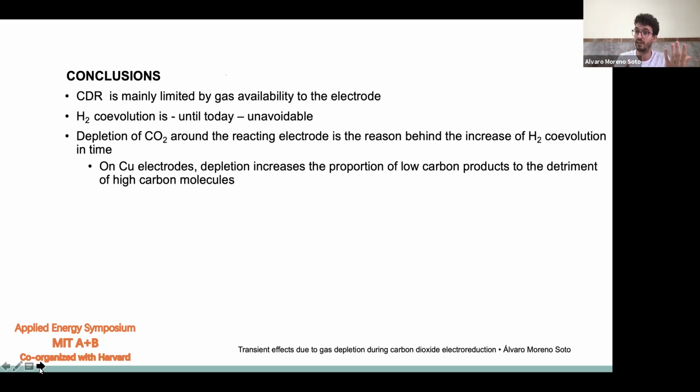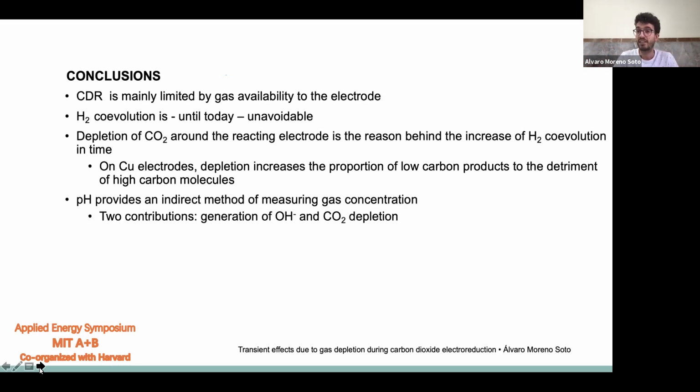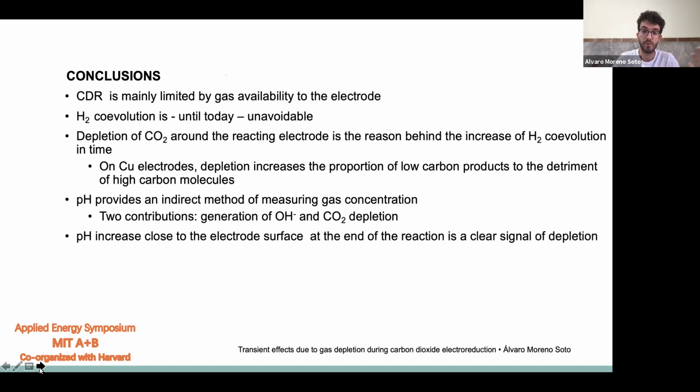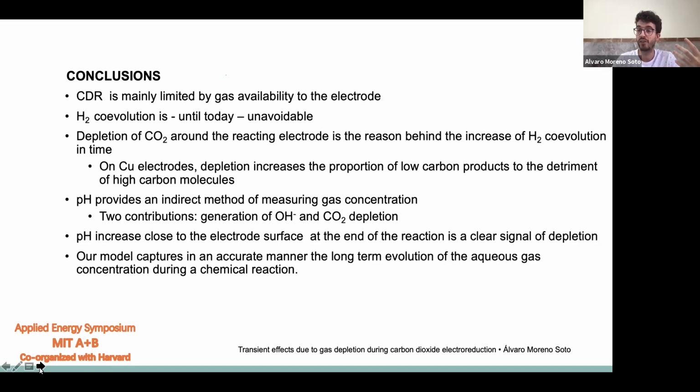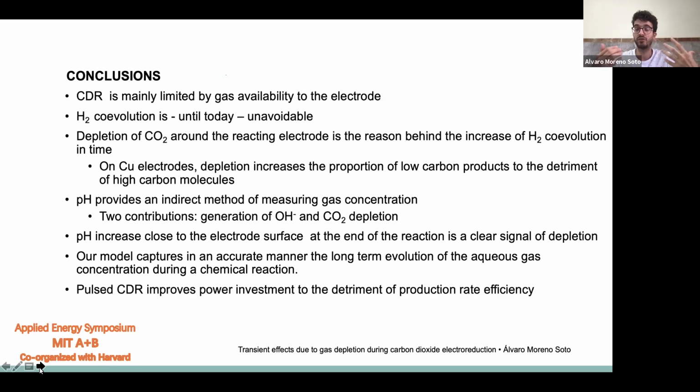We have less CO2 available. We are investing our current in just water splitting. And the pH provides an accurate means of measuring the gas concentration, and our method provides a good model to take into account that change in the concentration of CO2 close to the electrode.